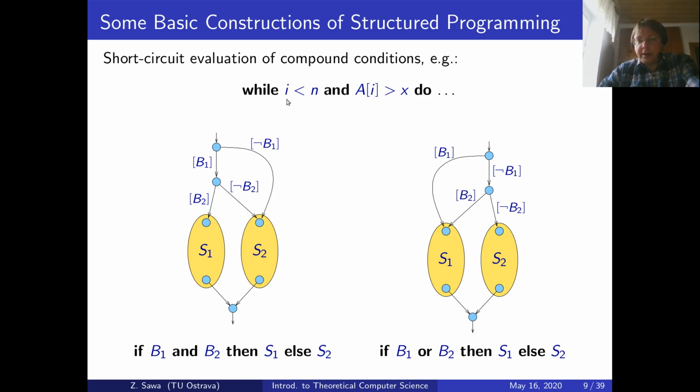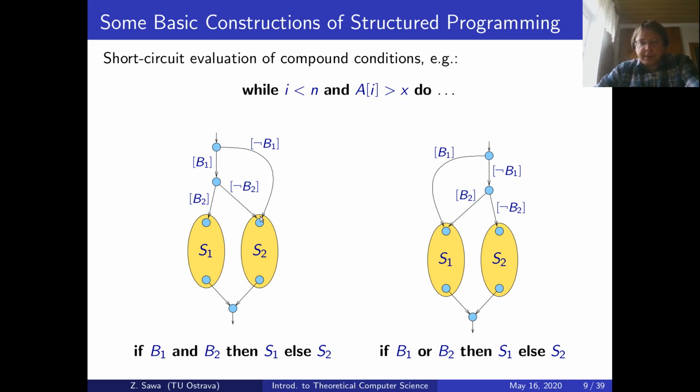Here we have this combined condition: I is less than n and I is greater than x. We start by evaluating the first part, and if it evaluates to false, then it's not necessary to evaluate the second part, because we can be sure that the whole condition is false. So the second part is evaluated only when the first evaluates to true.